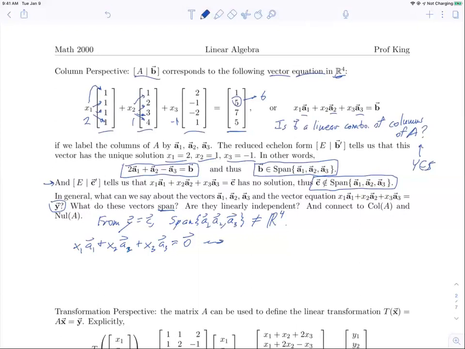But that's the same thing as Ax equals 0, and we already showed that means x is 0. So this equation is only satisfied if these are all 0. There's no way to combine the first 2 columns to get the third, for example. And therefore the set A1, A2, A3 is a linearly independent set of vectors.